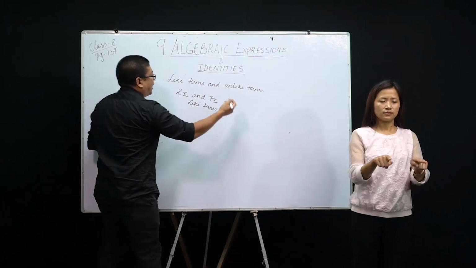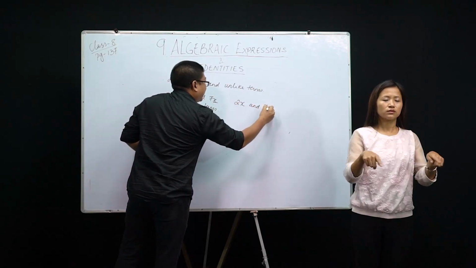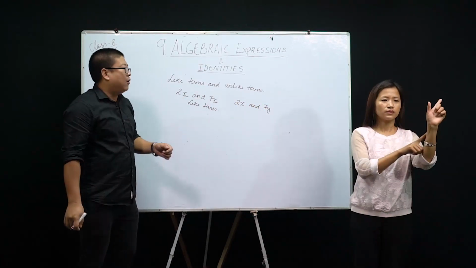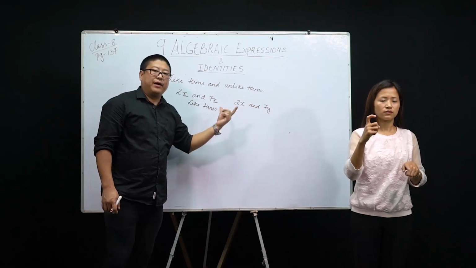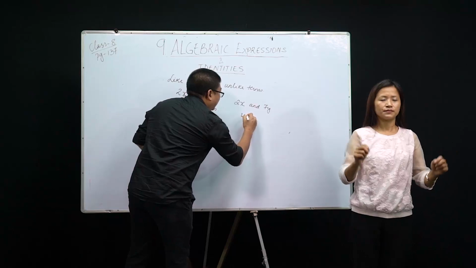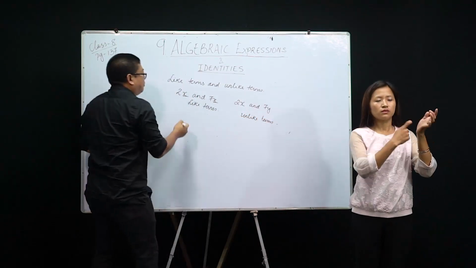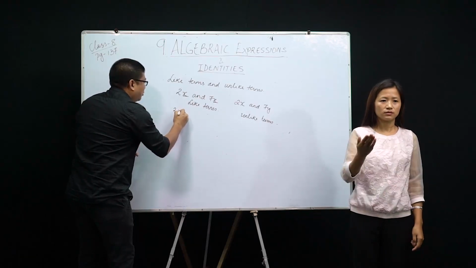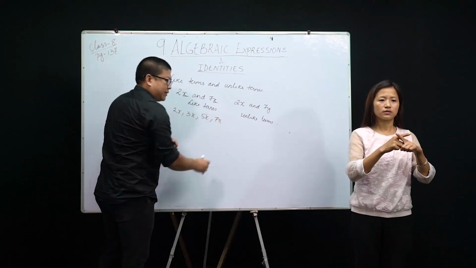For example, if I change something here, 2x and 7y. Now x and y are different variables, so they are unlike terms. Examples of like terms can be 2x, 3x, 5x, 7x.